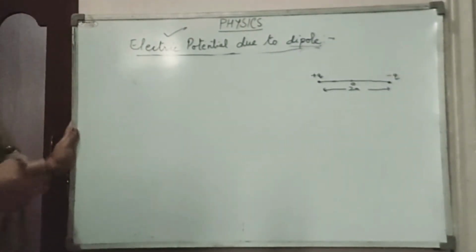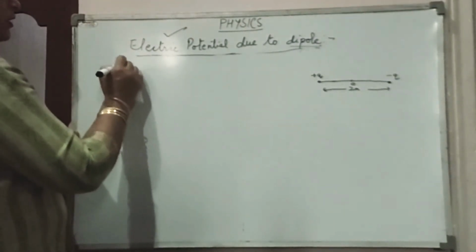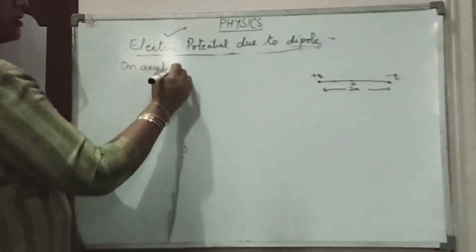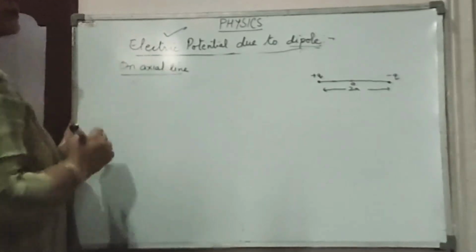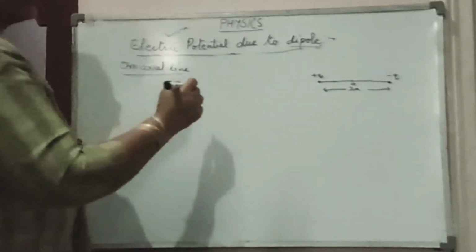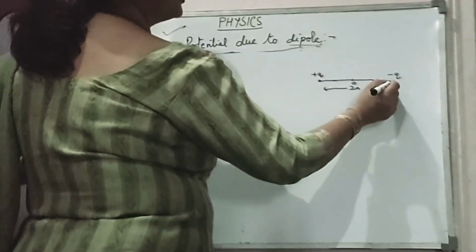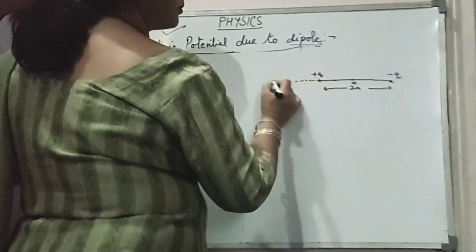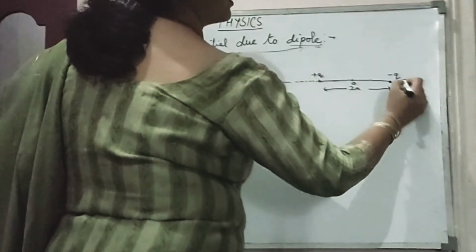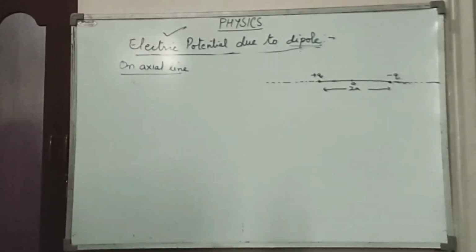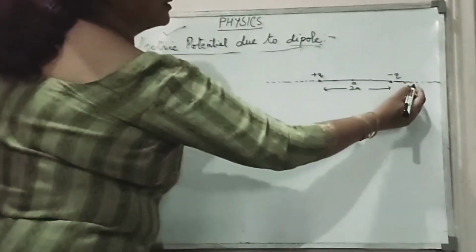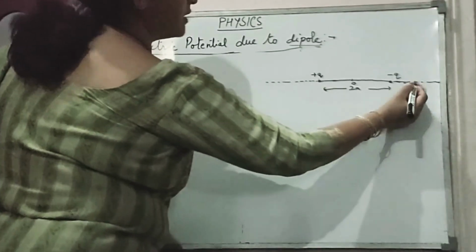Right? Now we will find out first of all the electric potential on the axial line. Axial line is the line which passes through both the charges, the center of both the charges, and it can be extended towards the left as well as towards the right. Now let's consider point P on the axial line.